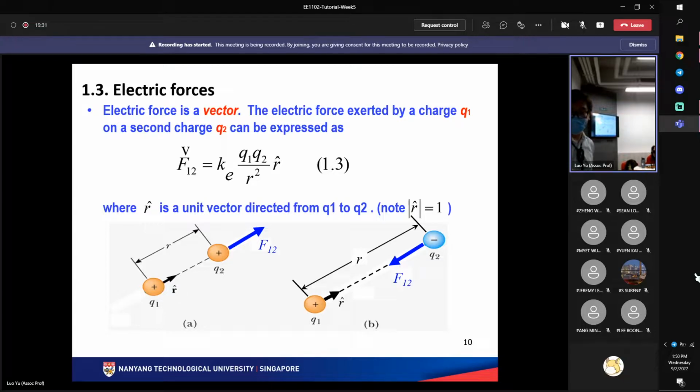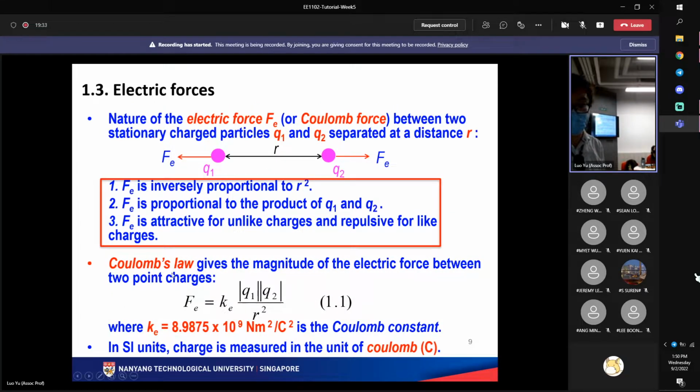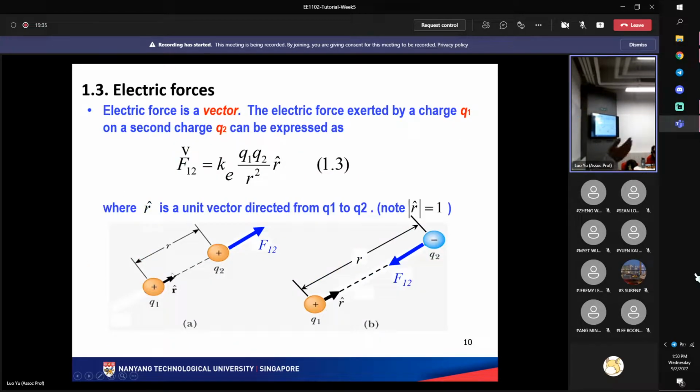So this is Coulomb's formula in the scalar form. Because we already know force is a vector, we can also write Coulomb's force in vector form. F12 equals Ke Q1 Q2 divided by R squared, times r-hat. Here r-hat is the direction from the source charge to the charge experiencing the force.